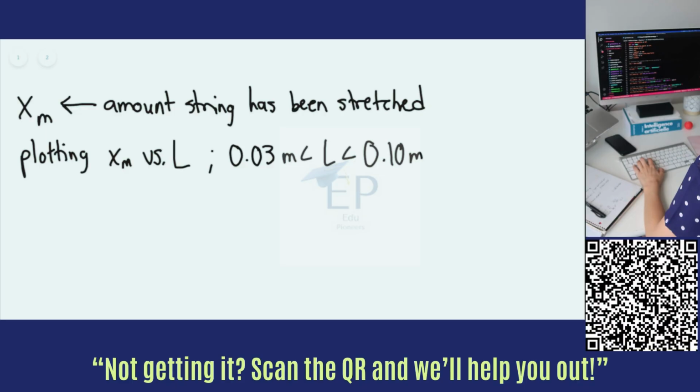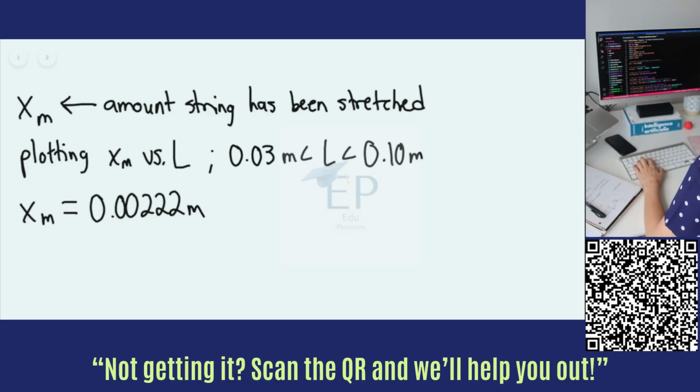We can see in the approximate, the amount that the spring has been stretched would be equal to 0.00222 meters. This is a very good estimation.